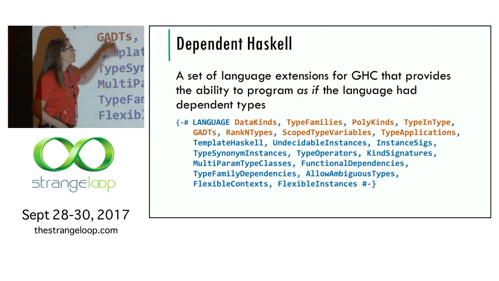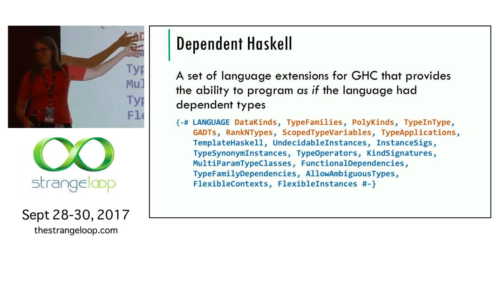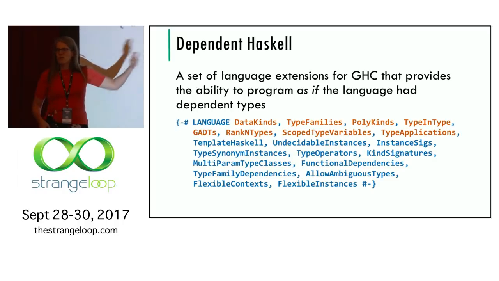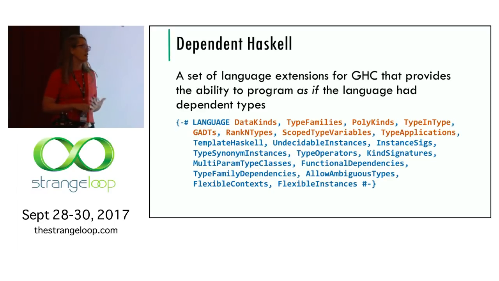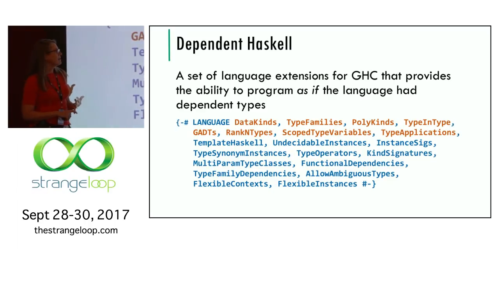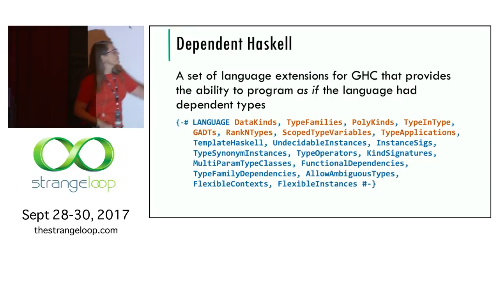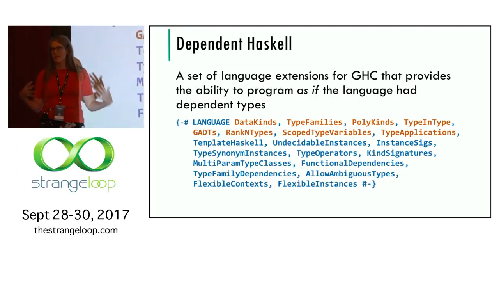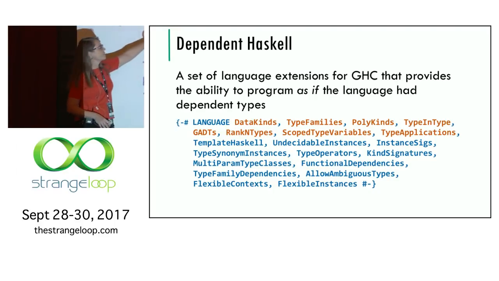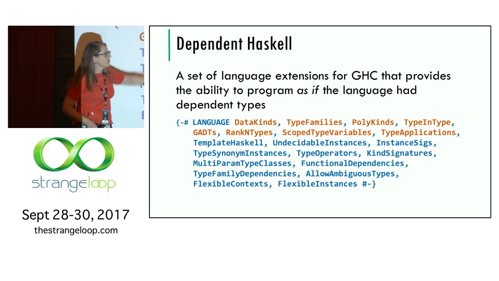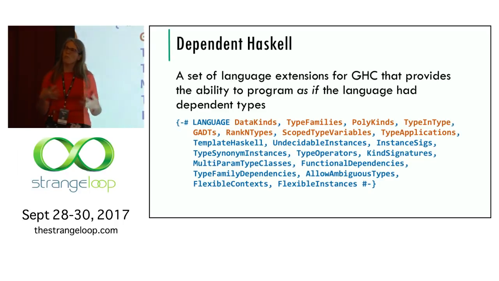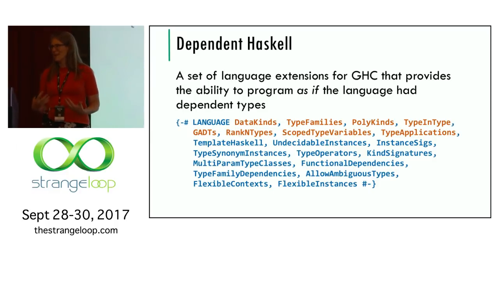No, I add a whole bunch of language extensions, mostly to increase the expressiveness of the type system. And I'm gathering together a whole bunch that I typically use. Some of them, the ones in red, are ones that I've worked on, the ones in blue are others, and they all work together to give something that I like to call dependent Haskell.